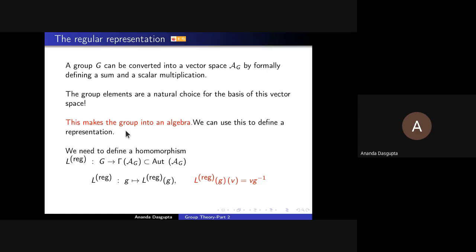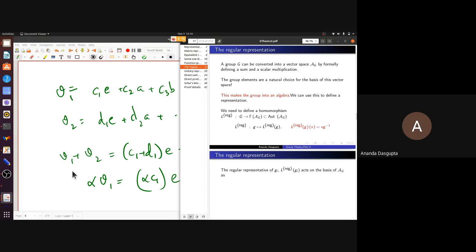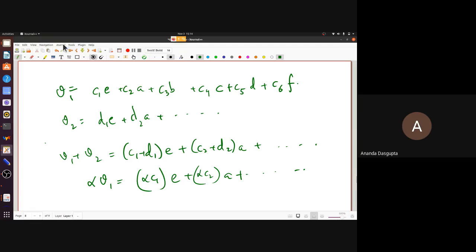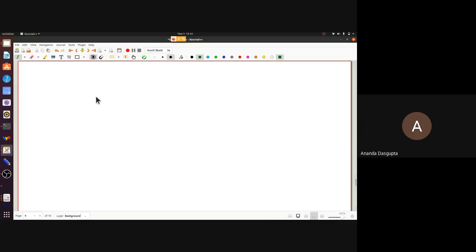Okay, why is this a rule? Let me just explain this to you. So let's say LRG, right now we said this is our operator corresponding to G, acting on a vector V, it will give me V G inverse.